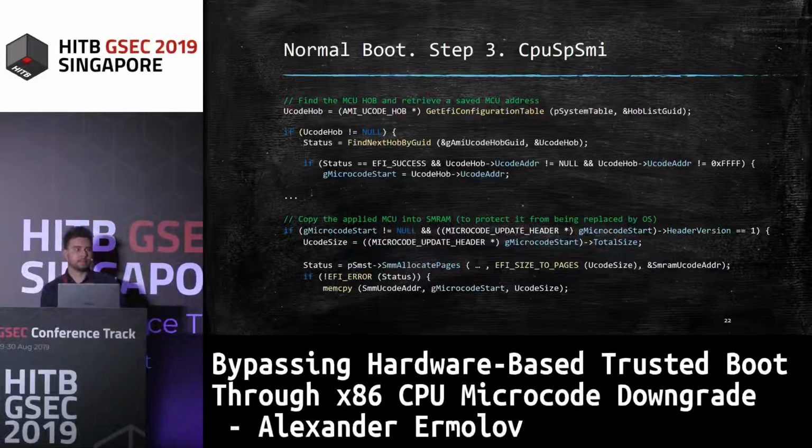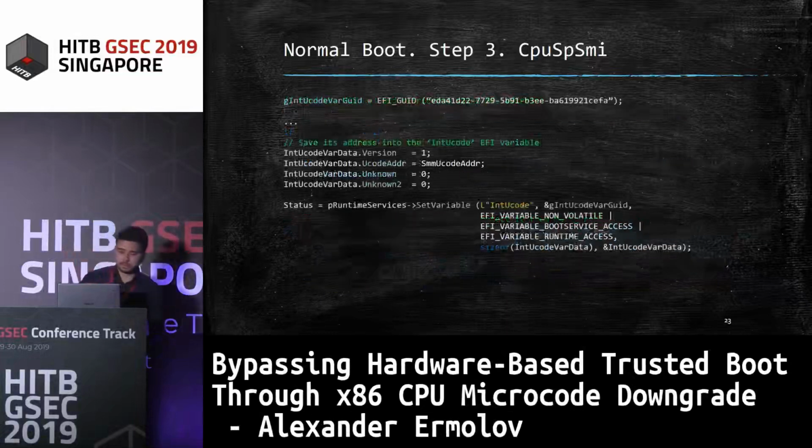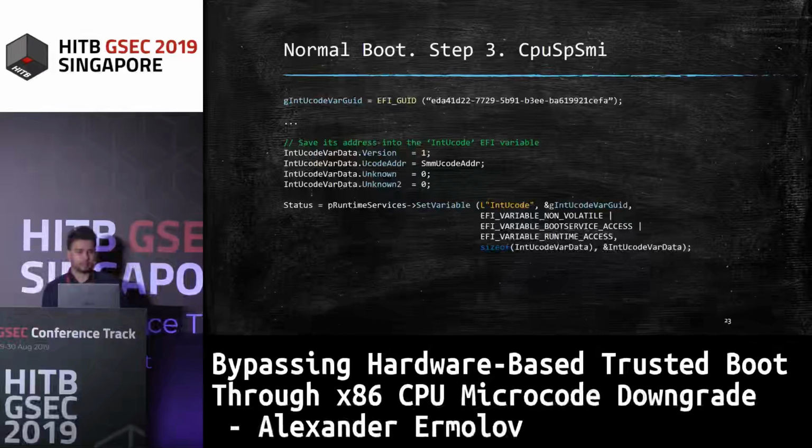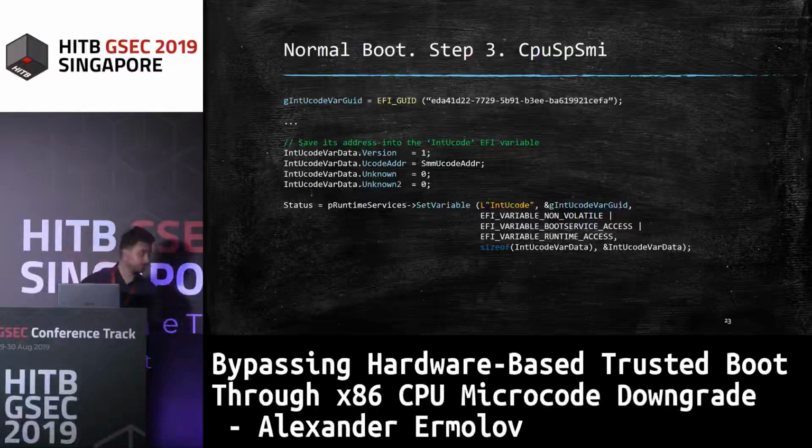I think this is done to protect the microcode update from modification by software from the operating system. And the pointer in SMRAM of this update is saved into an EFI variable called IntUcode, as you can see here.